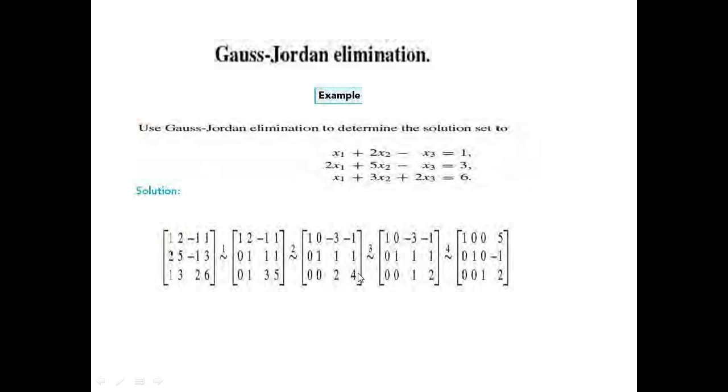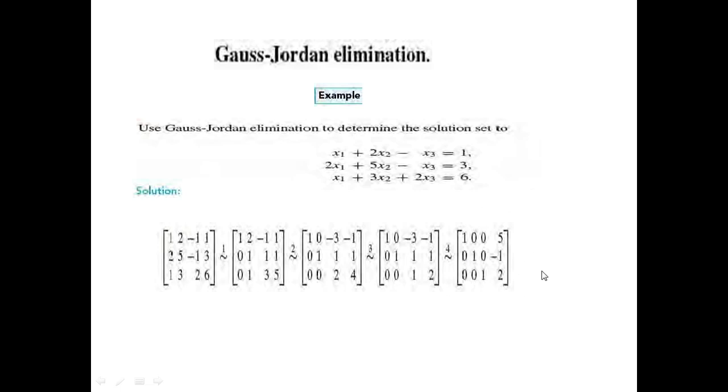first we convert the third row into a leading one row, so multiply it by 1 upon 2, so we'll have 0, 0, 1, 2, and then we multiply it by 3 and add it to row number 1. We will obtain 1 0 0 5, 0 1 0 minus 1, 0 0 1 2, right? So that form is known as row reduced echelon form.